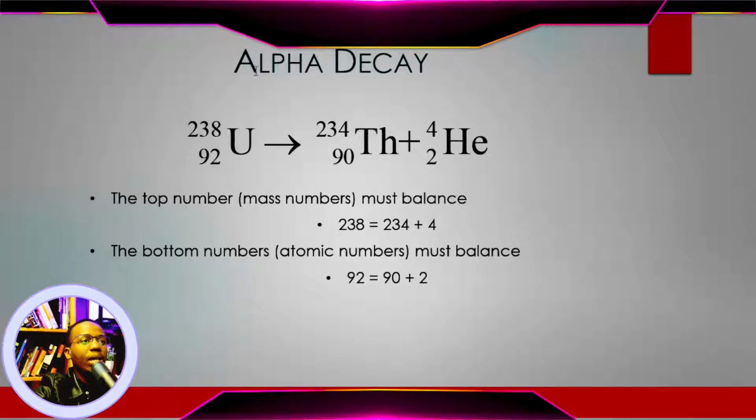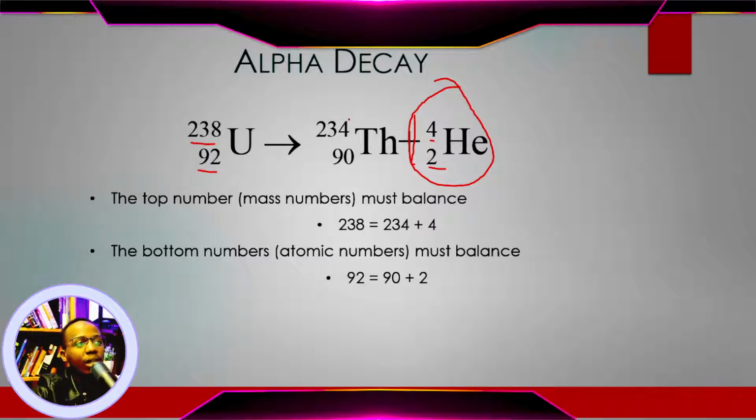So this is an example of a nuclear equation. This is called alpha decay. Why is it alpha decay? Because we're producing alpha. So remember, 4,2 helium is an alpha particle, right? So we're producing helium. So uranium, that's 238 and 92 uranium, will give you an alpha particle plus thorium.